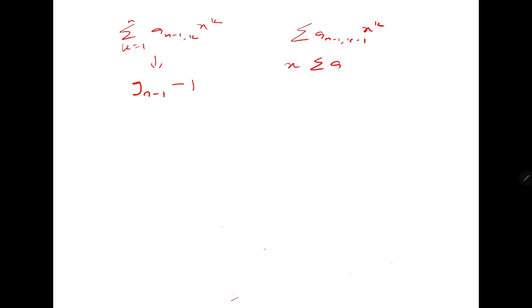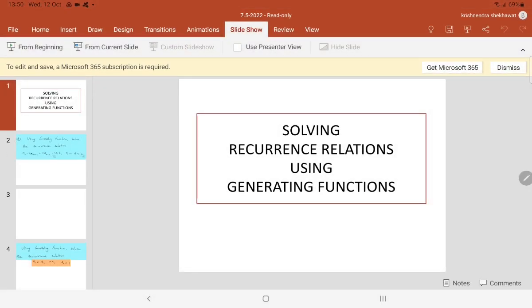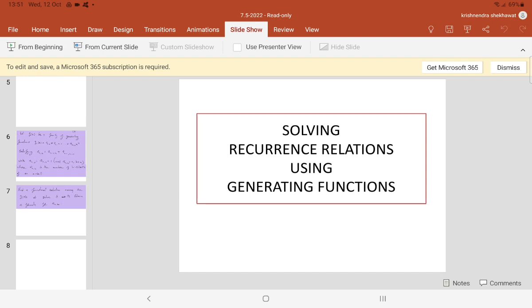If I take x outside, it becomes a_n minus 1,k minus 1 and x raised to the power k minus 1. k is starting from 1. So the first term you will get is a_n minus 1,0, then a_n minus 1,1, a_n minus 1,2. So it is simply x and g_n minus 1.